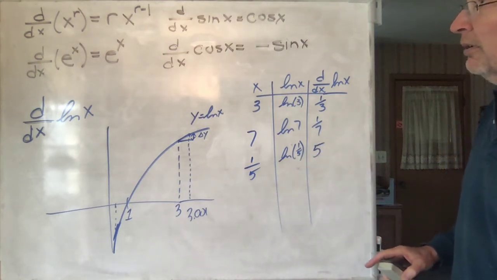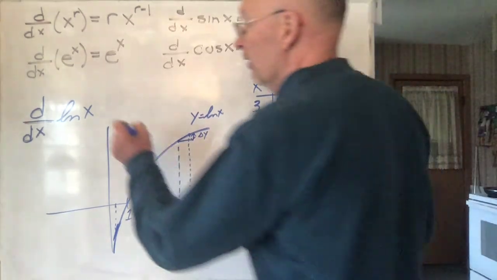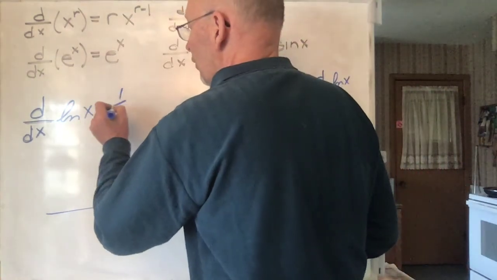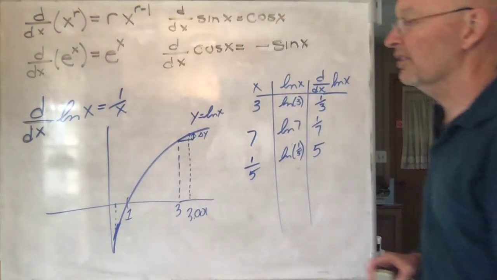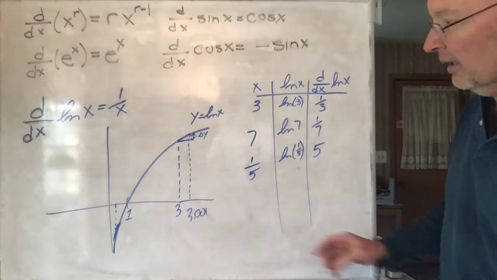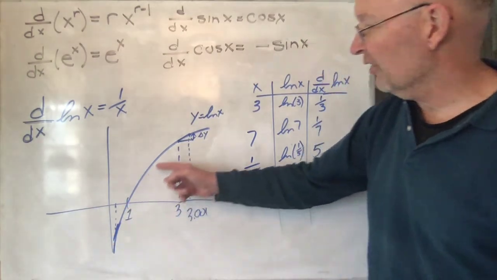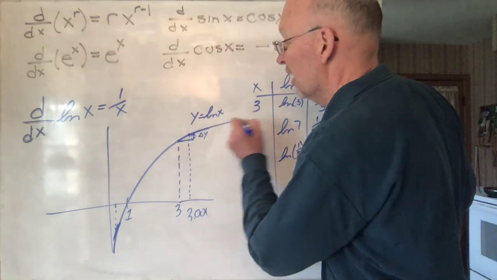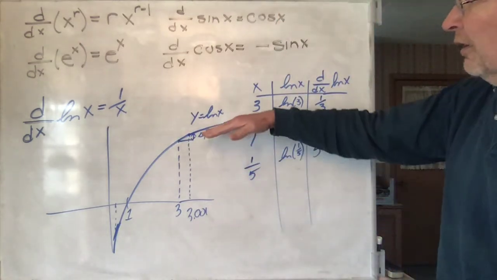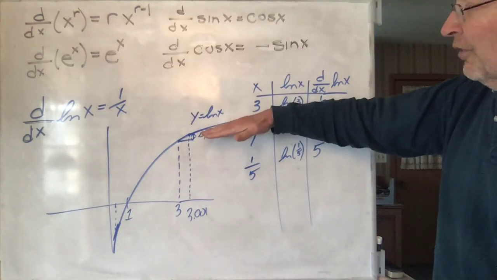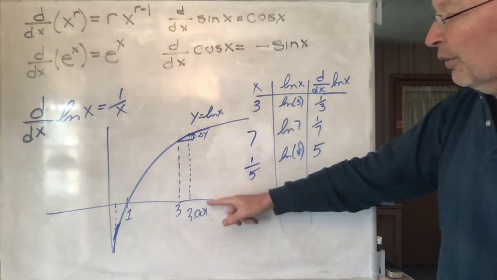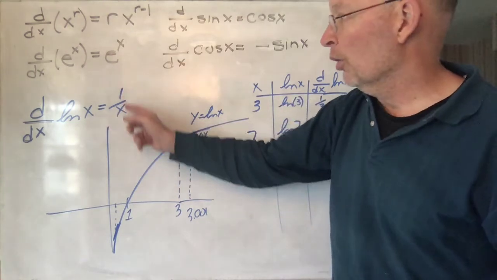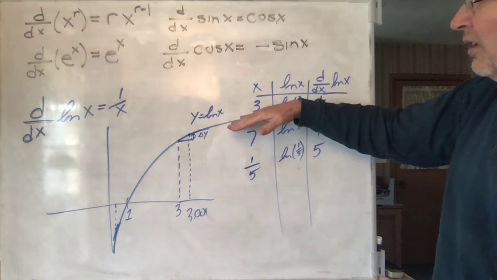So it turns out that the derivative of the ln of x is just 1 over x, which again, the graph almost suggests, because look at what happens. As you go out farther and farther, the slope never becomes 0, but it really does level off. As these become big numbers, 1 over a big number is a small number, so it's going to level off.